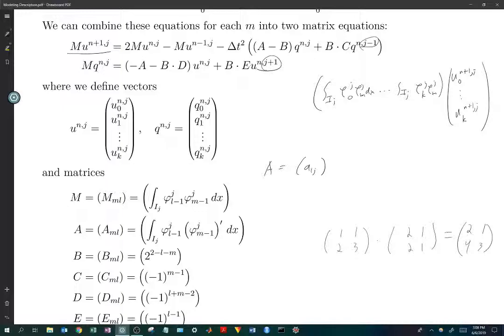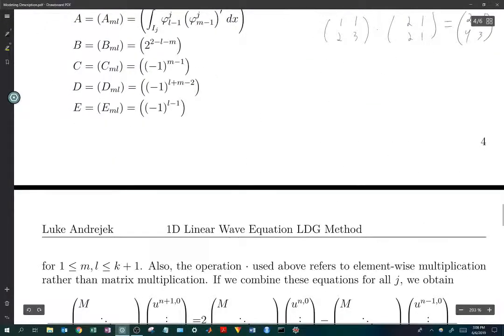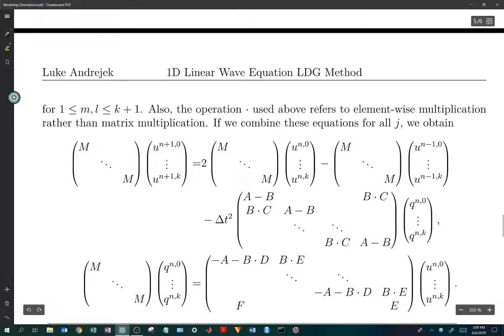So you've got an equation involving q^n_j, which depends on u^n_j and u^n_{j+1}. And so then the equation for q^n_{j+1} will depend on u^n_{j+1} and u^n_{j+2}. And because we're using, I guess I haven't mentioned this, periodic boundary conditions, when you get to the right endpoint, it loops around. So anyways, if we want to combine these all together, this is what we get.